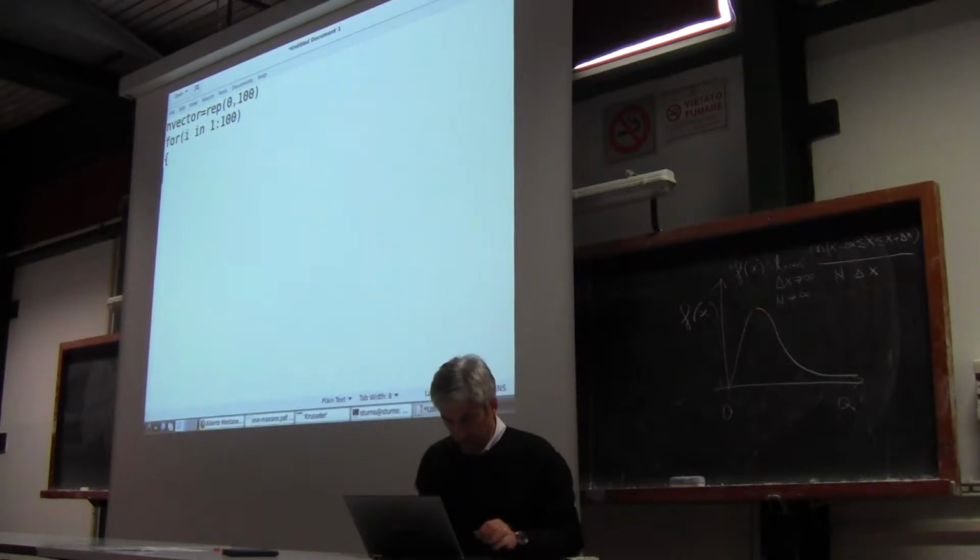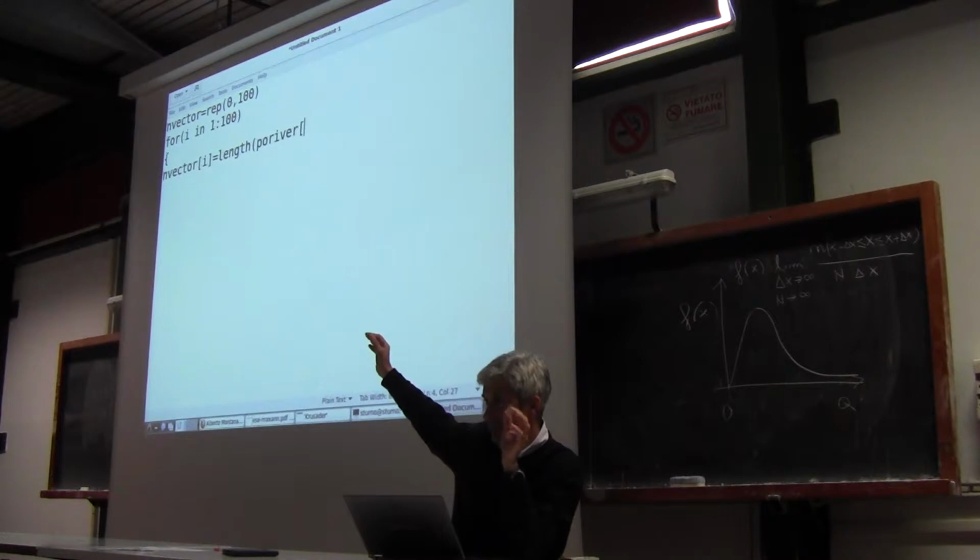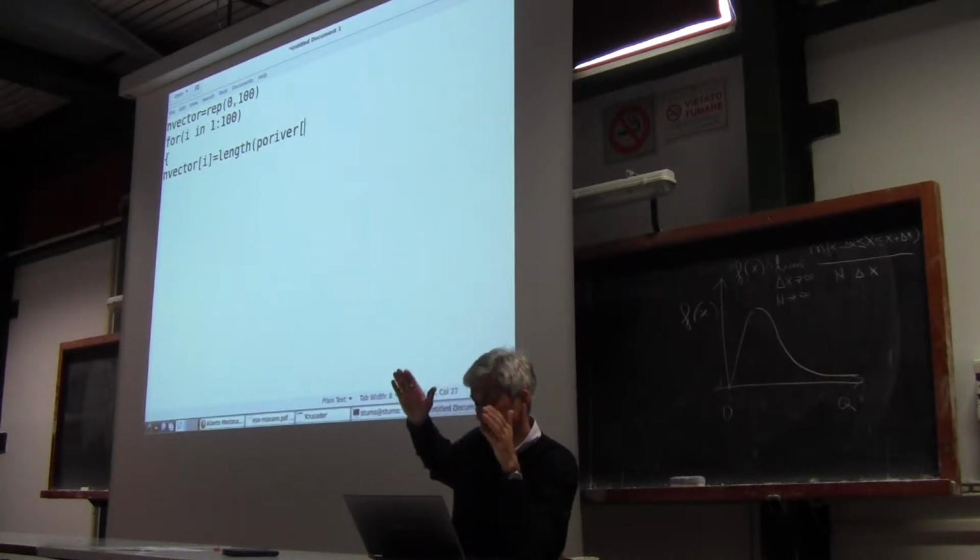Now I can write n vector i is equal to length of river, and now I have to put the range, which should vary with i.